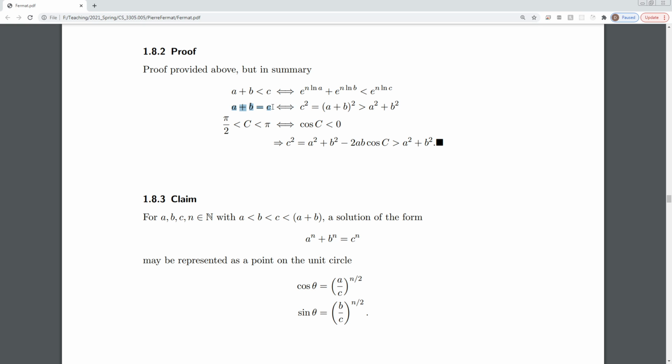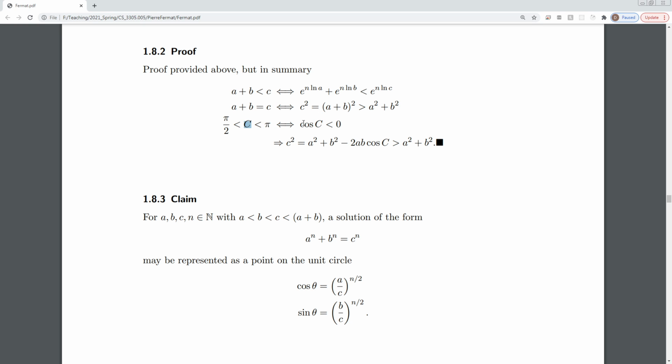If a plus b is exactly equal to c, so that these are segments of c, then c squared is equal to a plus b all squared, and so this will leave an additional 2ab plus a squared plus b squared, so you see that it's greater.